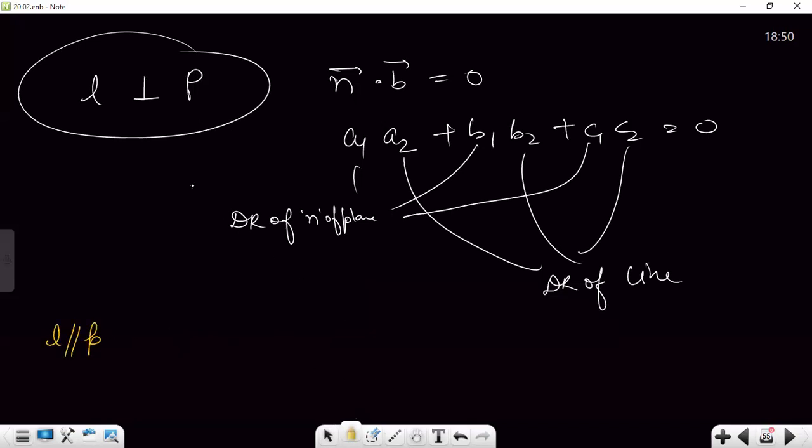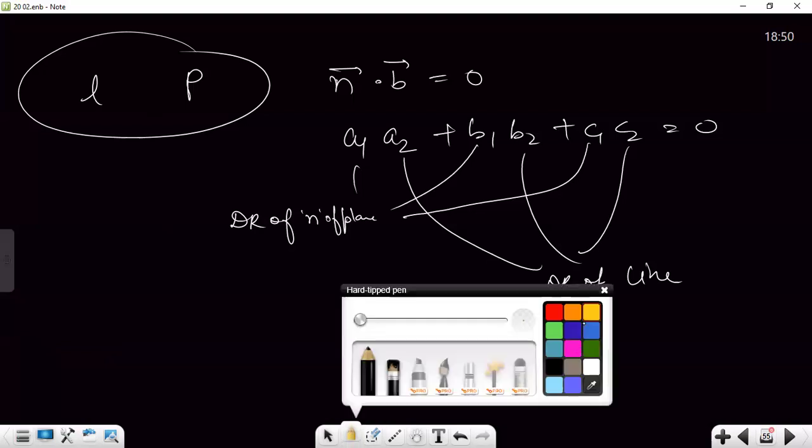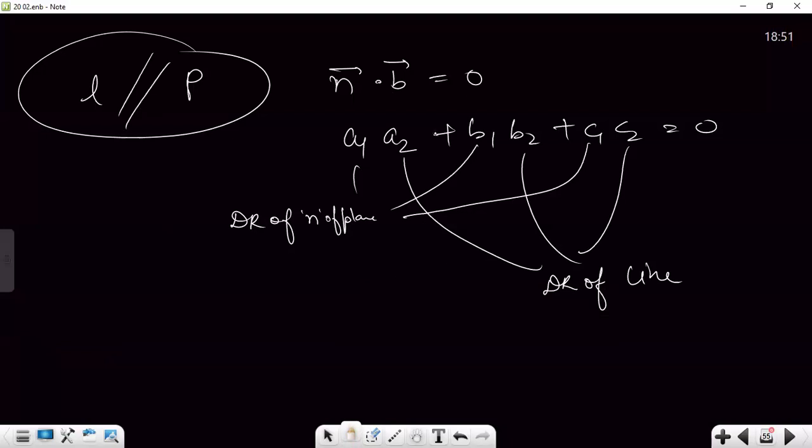Sorry, I had written it otherwise. This was the case of parallel only. If the line is parallel to the plane, it means the plane's normal will be perpendicular to the line. That's why this is happening.